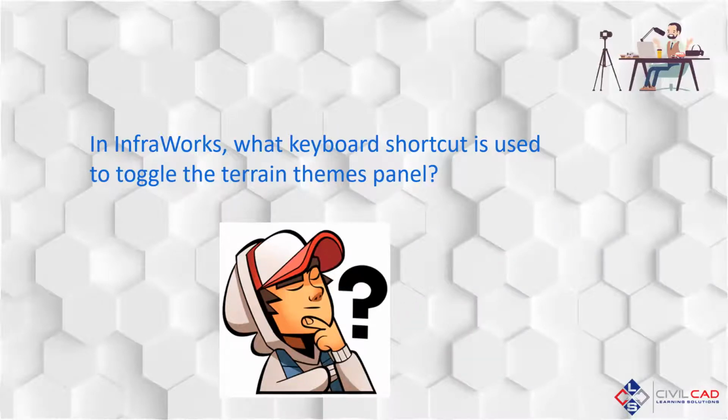And speaking of InfraWorks, now that they bought it, there's a hydraulic software called InfoWorks. So it's going to be interesting when you have InfraWorks and InfoWorks. Remember the A and the F. The correct answer was Alt 9.